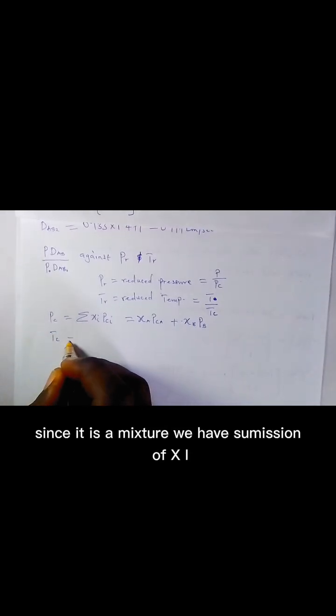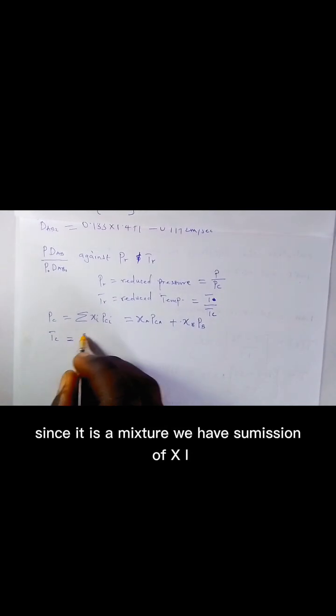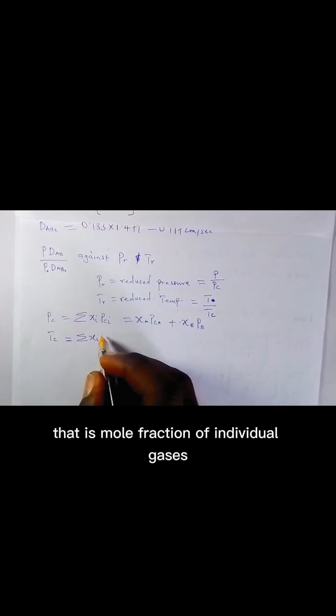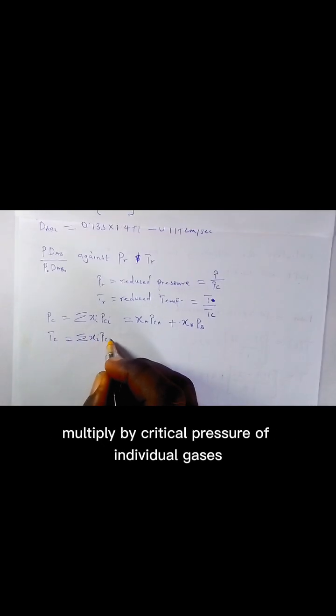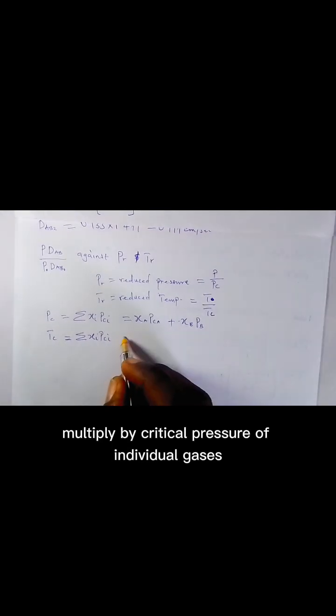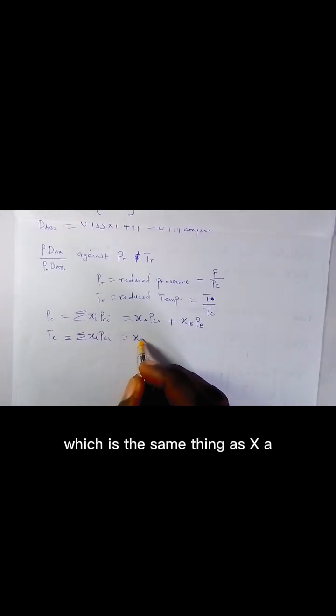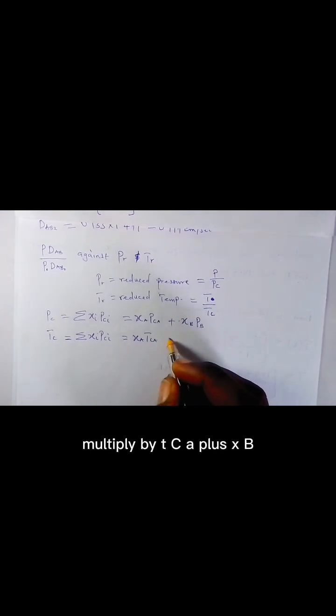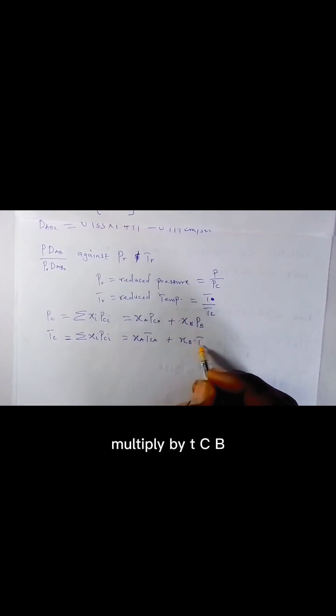Since it is a mixture, we have summation of xi, that is mole fraction of individual gases, multiplied by critical temperature of individual gases, which is the same thing as xa multiplied by tca plus xb multiplied by tcb.